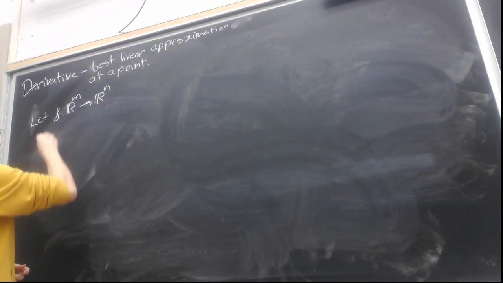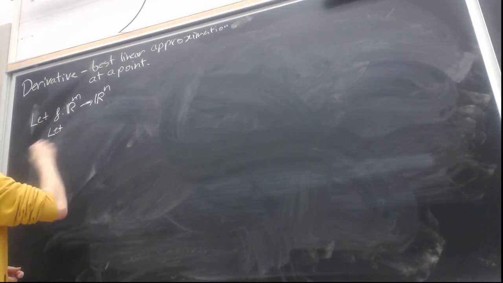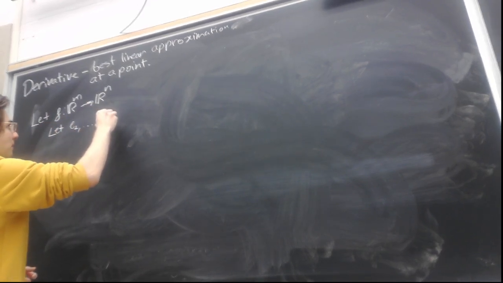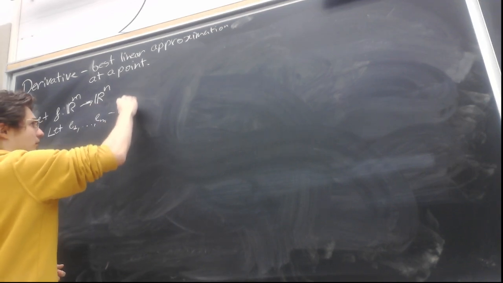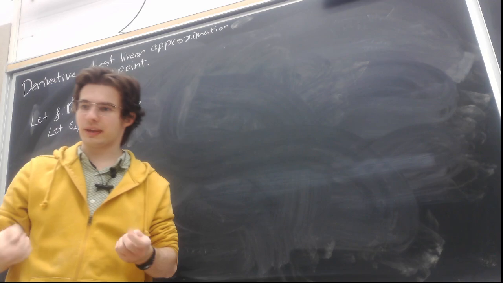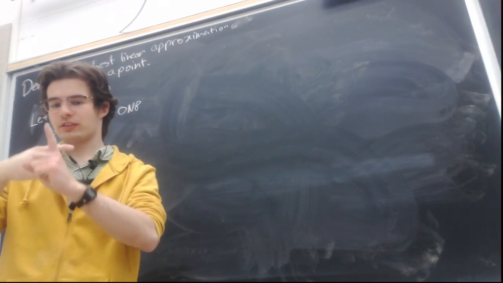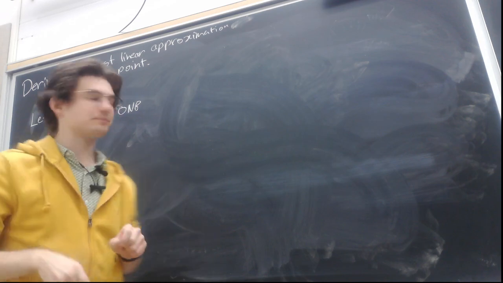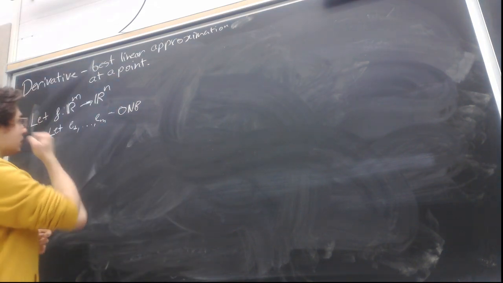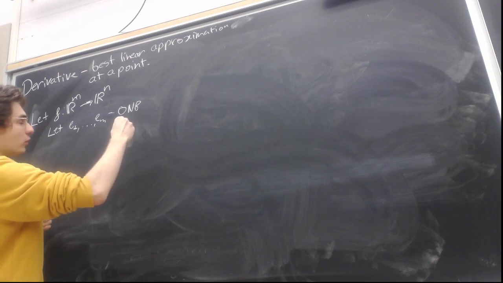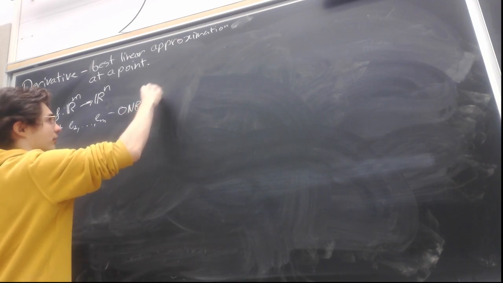Let e1 up to em be an orthonormal basis. So once again, when I say orthonormal basis, for the people who haven't done the quantum mechanics thing watching the video, that's vectors that are perpendicular to each other and of length 1. And hopefully you know what a vector of length 1 is in Rm. So let it be an orthonormal basis of Rm.